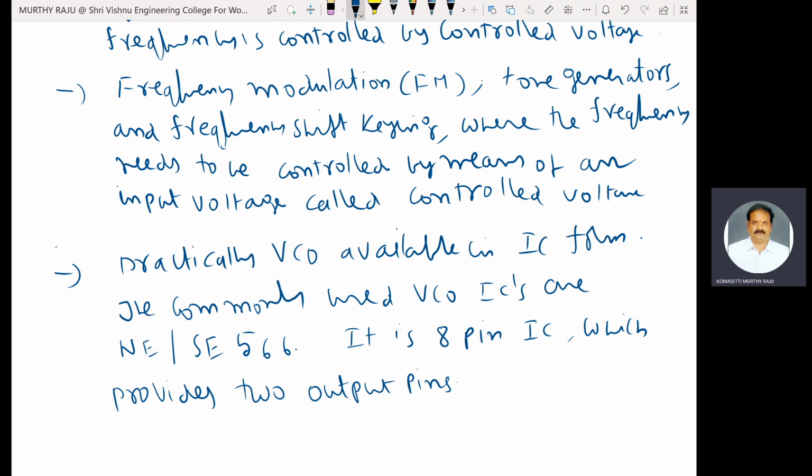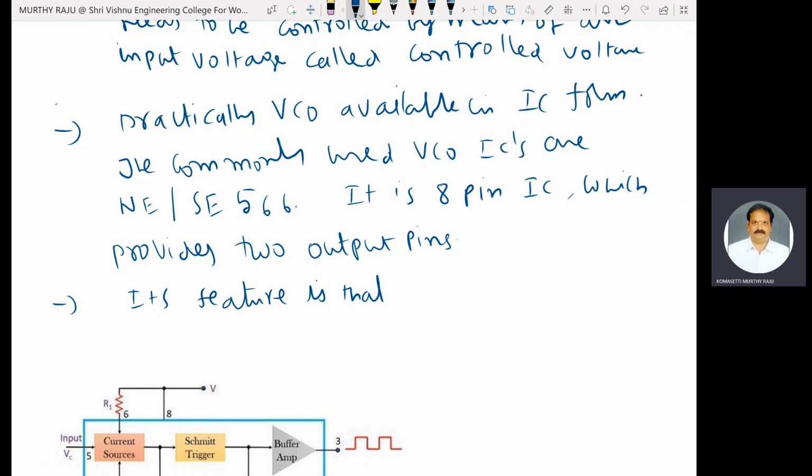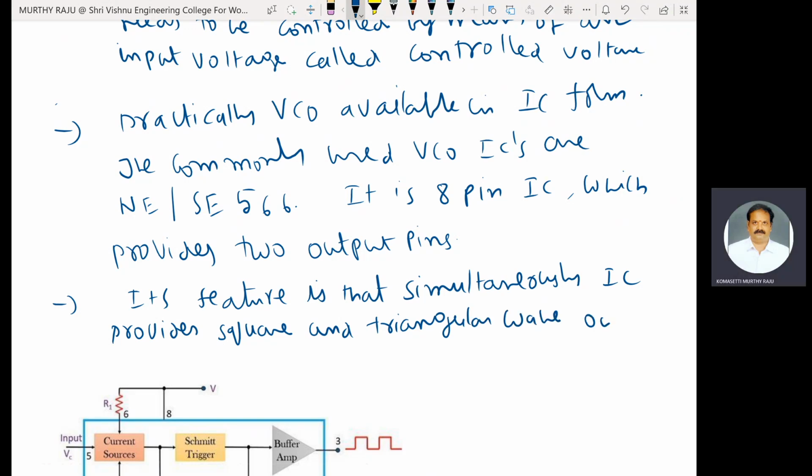Its feature is that the IC simultaneously provides square and triangular wave outputs, which are functions of the input voltage.